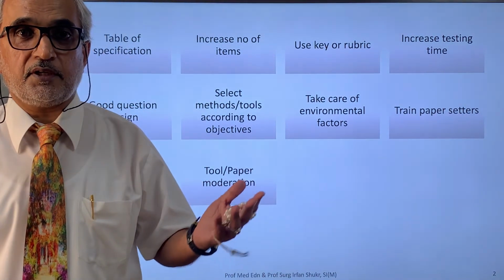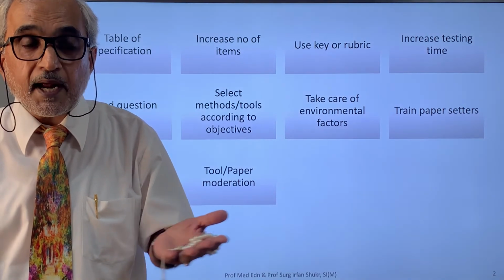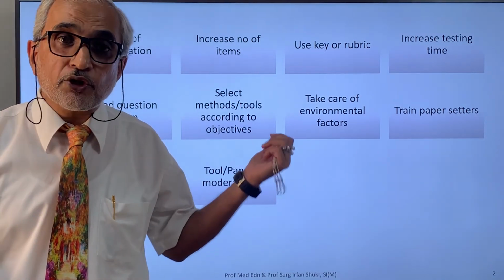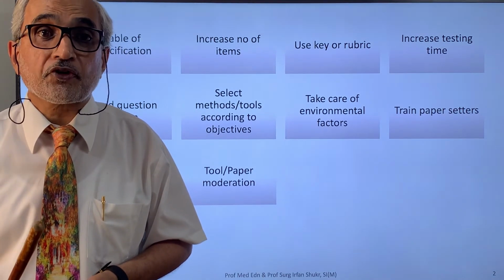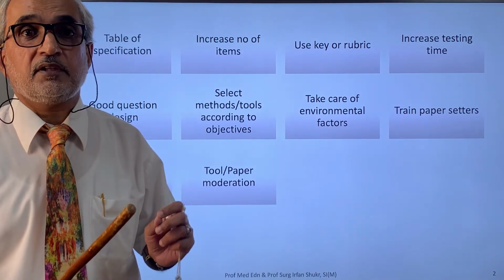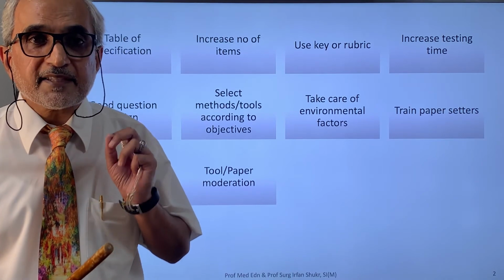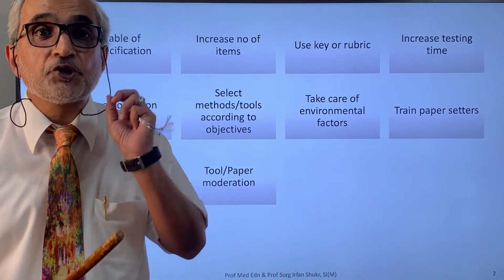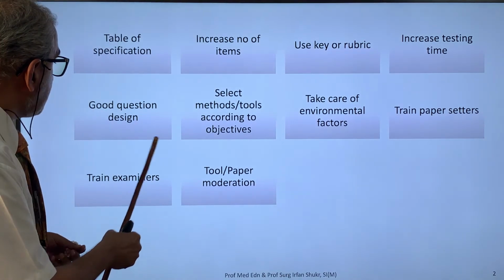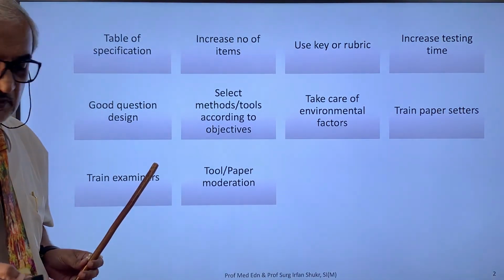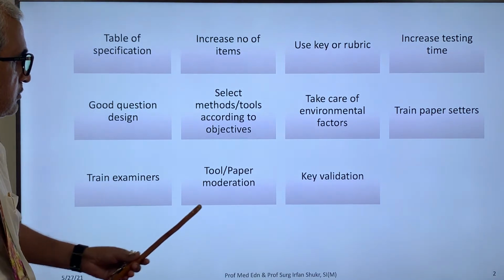One is external, one internal, then two papers are combined together according to the table of specification. After that, it should be moderated, and this moderation should be done in the examination department of the university.